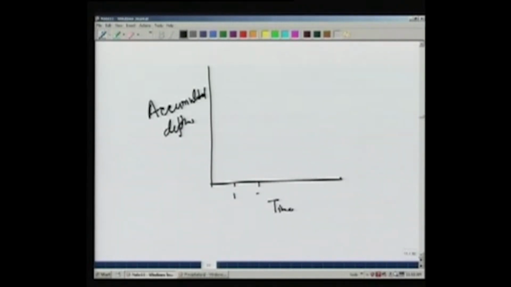So again, if we say that this is time and day, this accumulated depth may be in millimeters or centimeters. So in the first day, if we have, let's say, 2 millimeter of rain, it would be 2. Then in the second day, suppose we have another 3, then this would be 5.